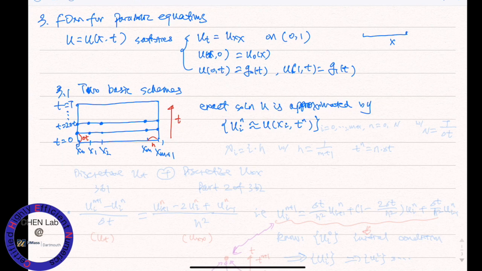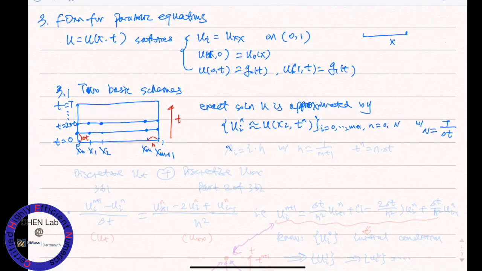So i goes from 0 to m plus 1, and n is from 0 to capital N, with capital N equal to capital T divided by delta t.